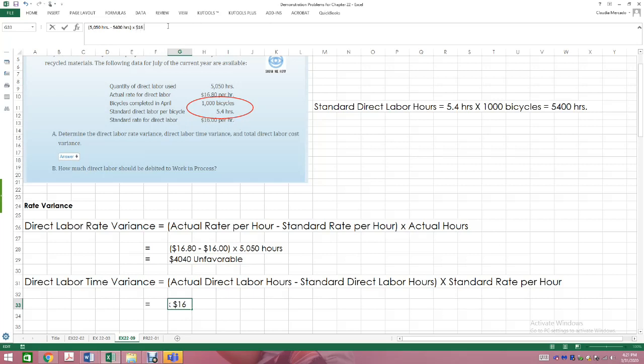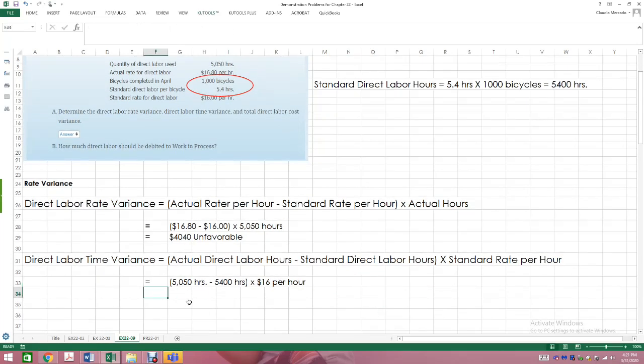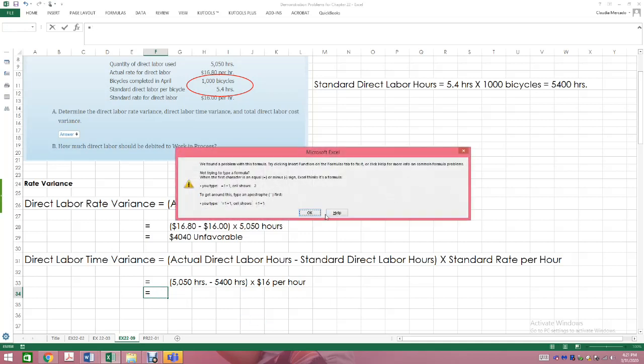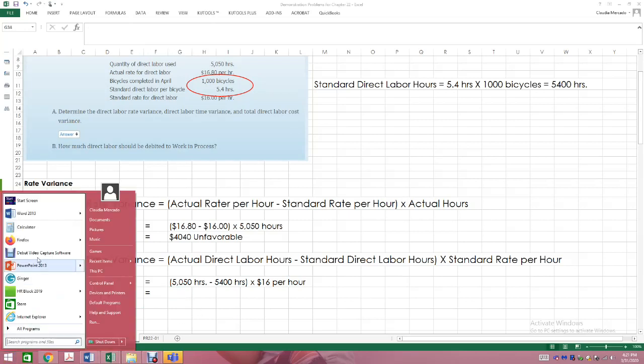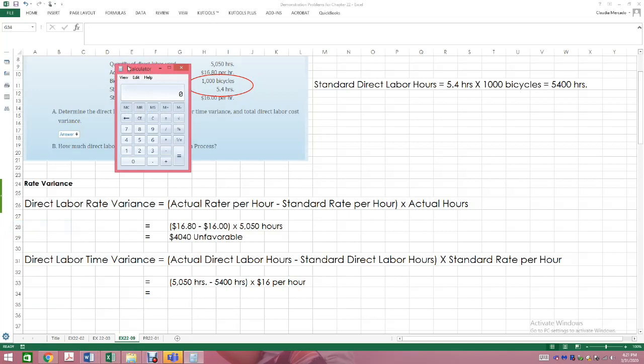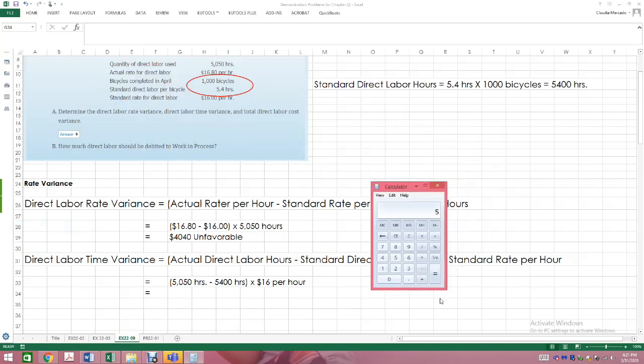So this is what your formula looks like. We're going to plug that into our calculator. So I've got 5,050 minus 5,400, that's negative 350, times $16, that's going to be 5,600.